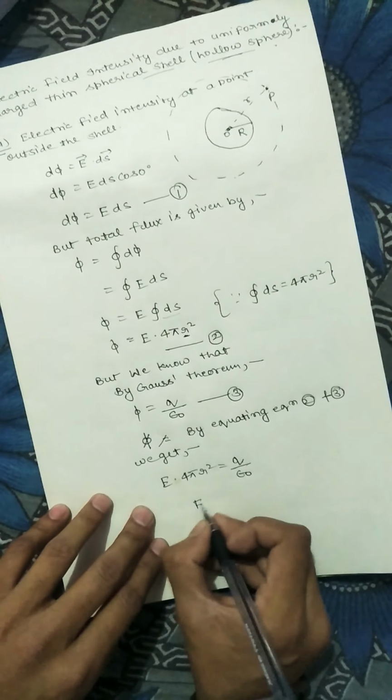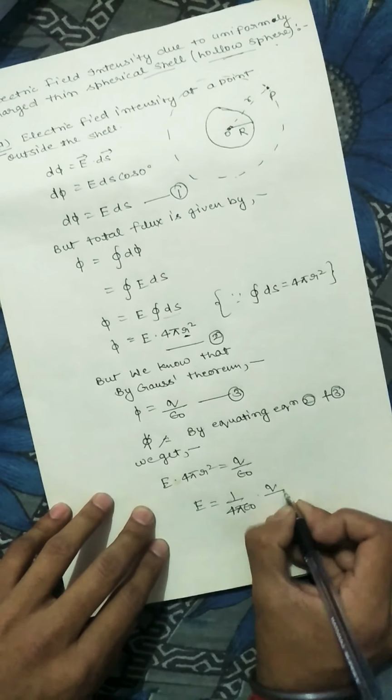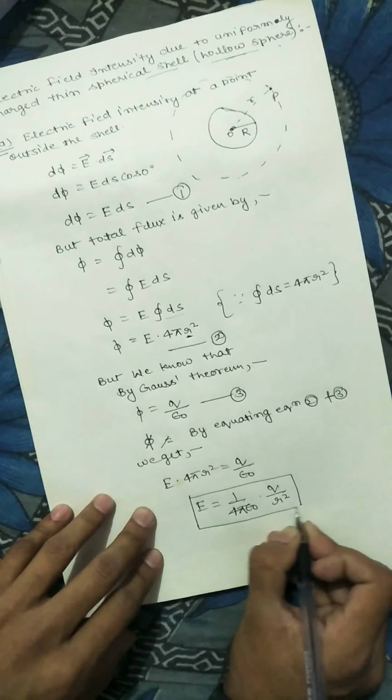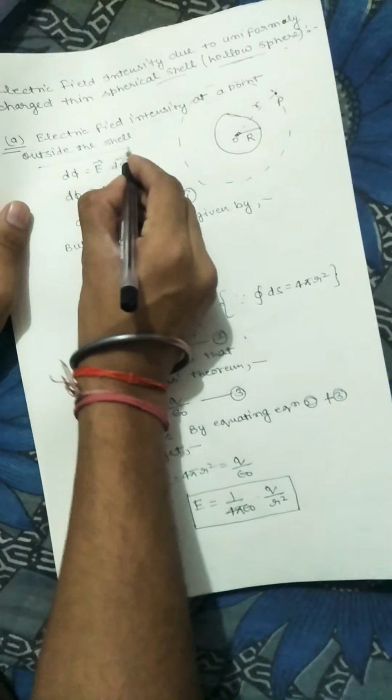Then the value of E is E equal to 1 upon 4 pi epsilon naught times q upon r square. This is the result for the electric field intensity at a point outside the shell.